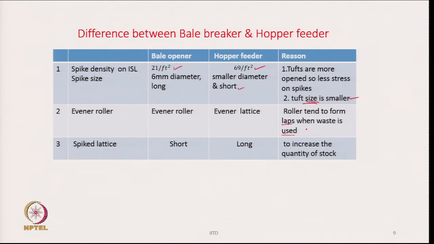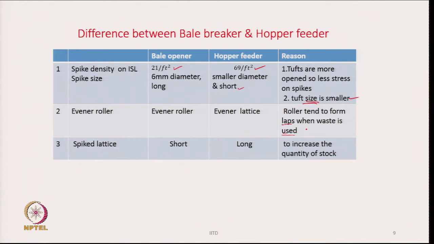So, the Ebner roller has a tendency, sometimes, that its spikes get filled up with a lot of tufts, especially when waste is used. Sometimes we have to mix some waste fibers along with the virgin fiber for processing, and this problem has been noticed.